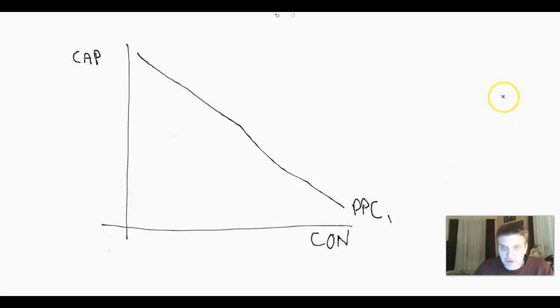If memory serves correctly, the unemployment rate for that question is 10%, okay, which is a fairly high unemployment rate, assuming this is the United States.